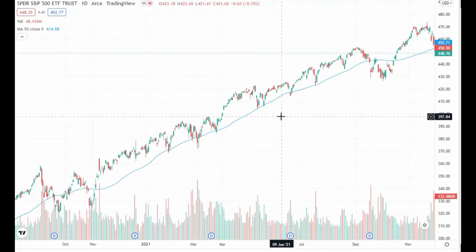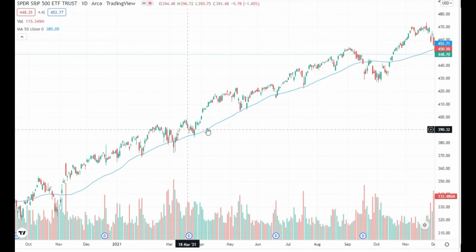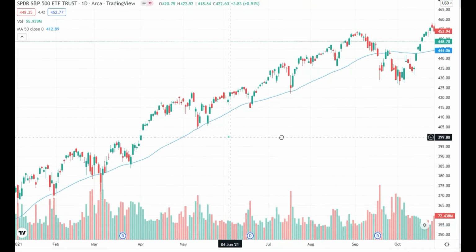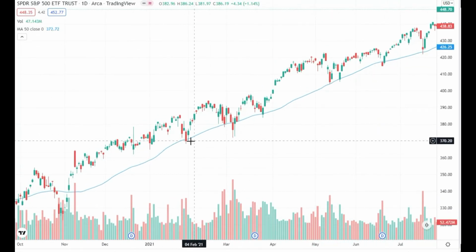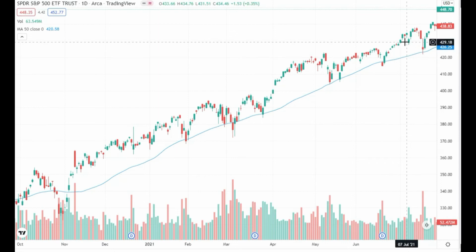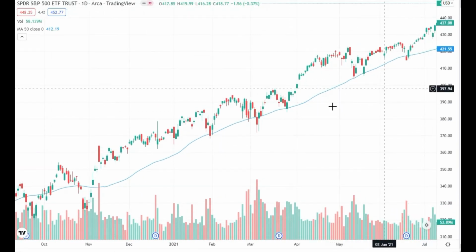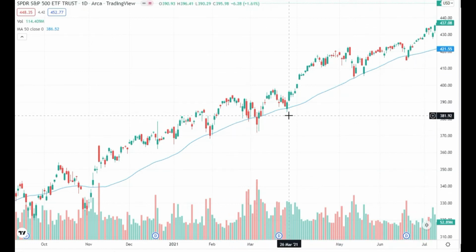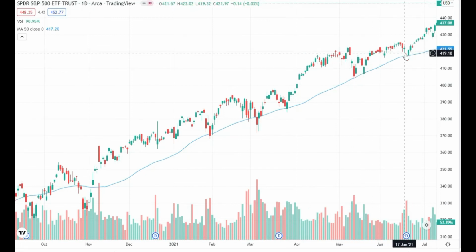So then what you do is you basically, depending on where you're at, now this is a bit historical, but if we were just to look into here, let's just say you're right here now. The price is here. You already see, okay, over the last several times, it's touched it and moved up, touched it, moved up, touched it, moved up.